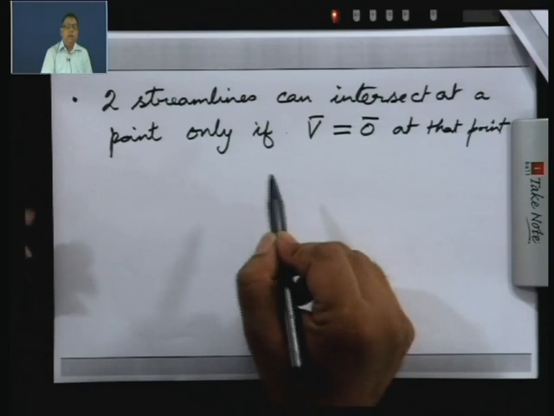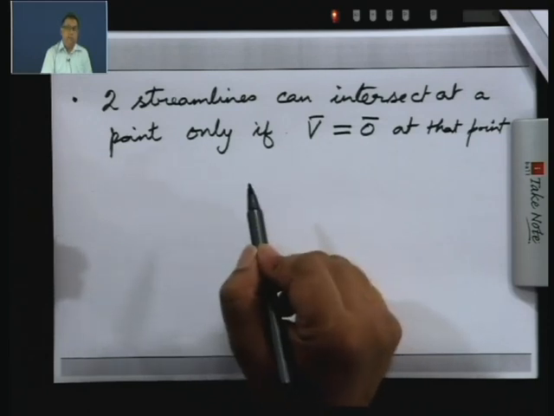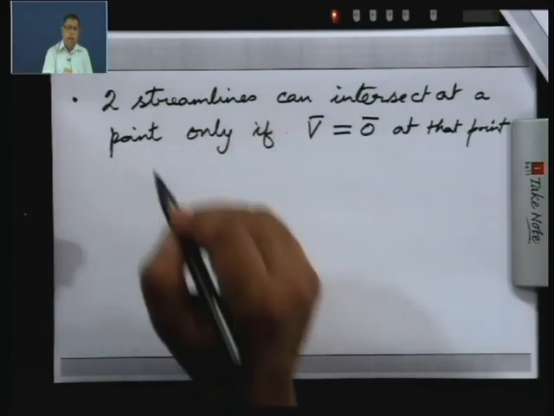Otherwise, you have a contradiction in the sense that there will be two tangents to the curve. But I have taken an example and shown you that when the velocity is 0, if you take the limit, the limit depends on the direction in which you approach the point, and you could have two values of the slope.